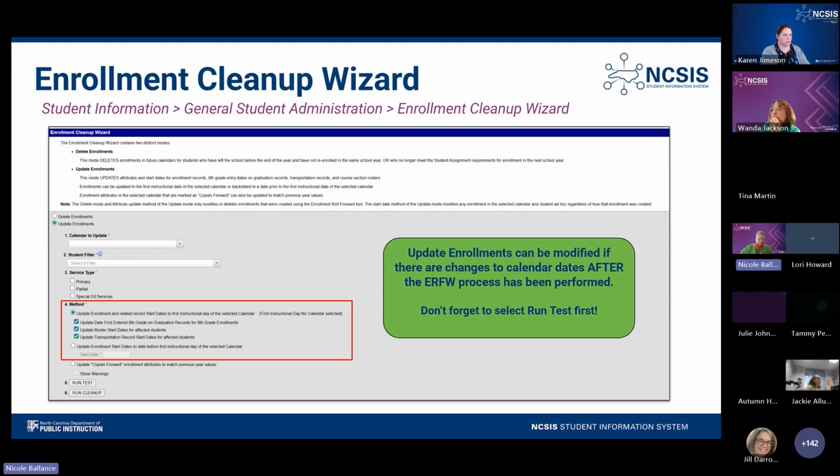So this method, number 4 under update enrollments, will allow you to update those enrollments after that enrollment roll forward wizard process has been performed. And again, as a reminder, don't forget to select that run test first to make sure you are viewing those students who are being impacted by the process before you complete that run cleanup step.